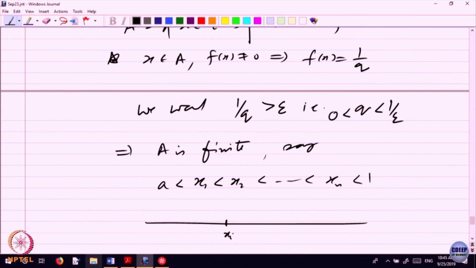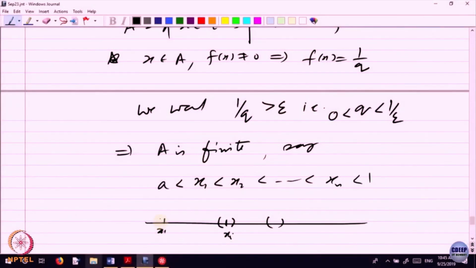I want to enclose them in a box, in some sense, so that these points are inside intervals of small length. So around every point I can have an interval: x1, x2, xi and so on. I can enclose each one of them in an interval so that the total length of these intervals is small.